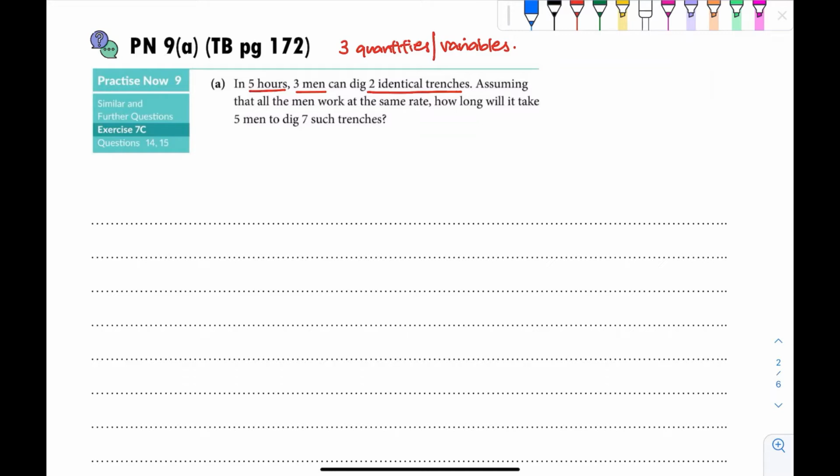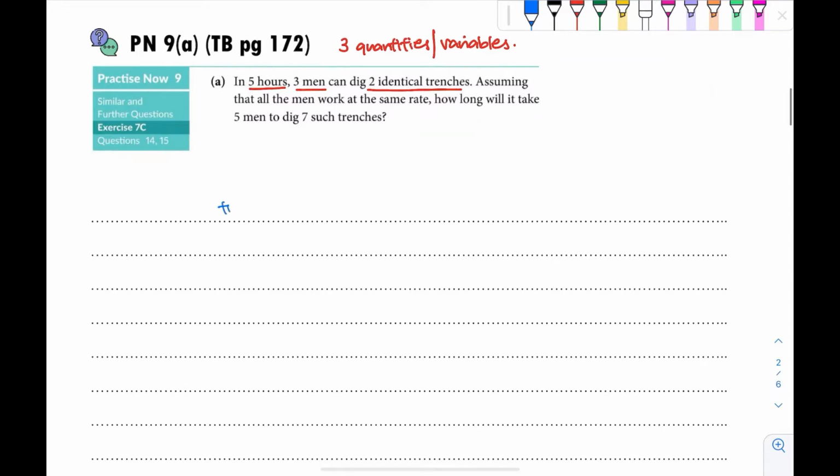In this question, we have our table drawn out with the headings of time taken, number of men, and number of trenches. We start off with 5 hours, 3 men, 2 trenches.